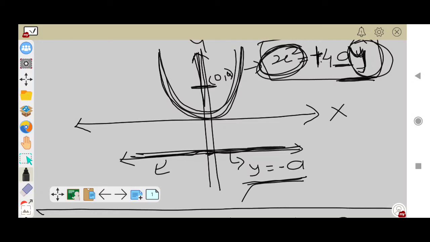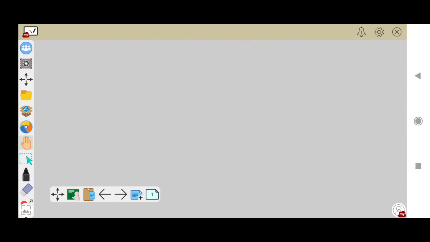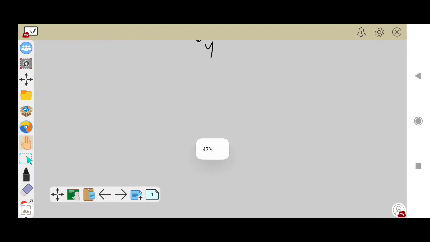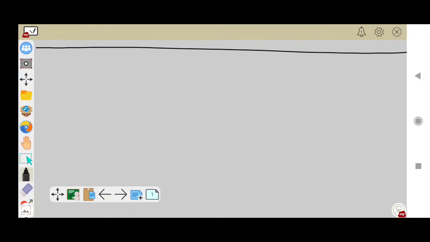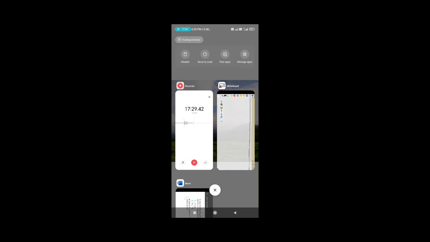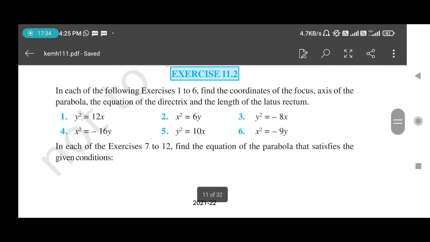Now compare equation 1 with 2. What will be a? A is equal to 3. Therefore, the focus will be 3, 0. See, the equation is given as y square is equal to 12x.